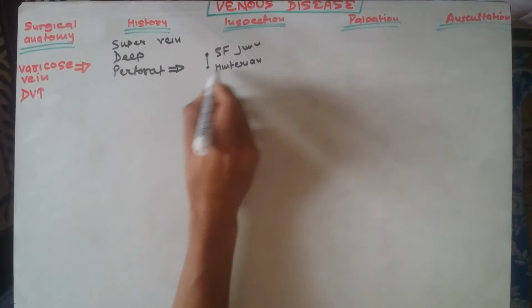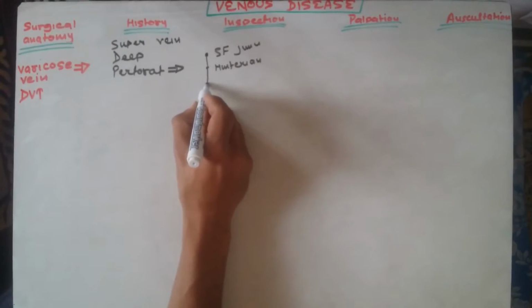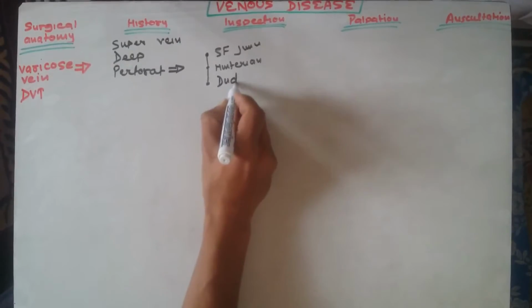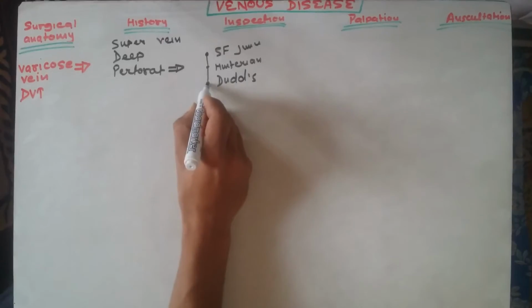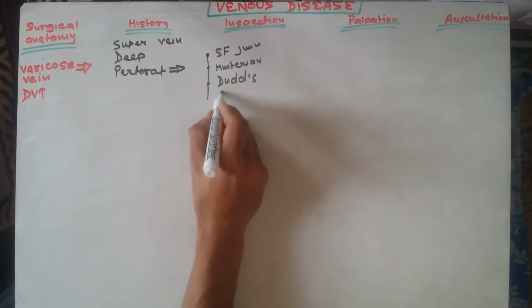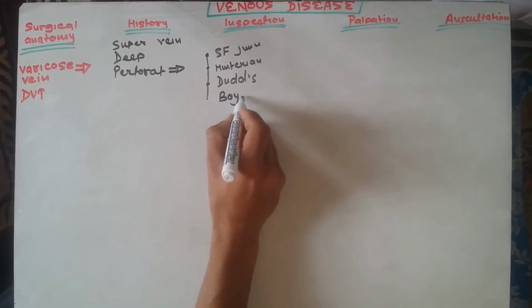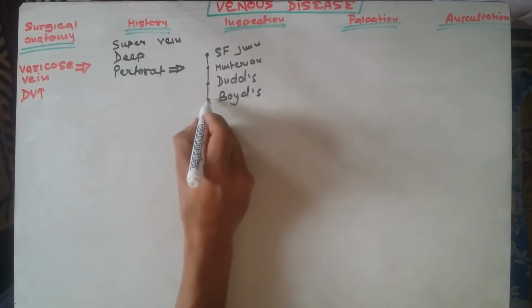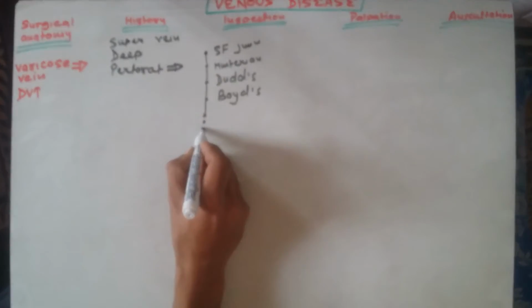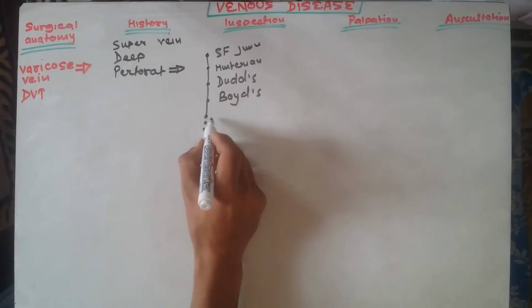Hunterian perforator. Then while coming to the distal part of the thigh, the other perforator present is called Dodd's perforator. Then around the knee, below the knee, there is Boyd's perforator, and there are 3 groups of perforator called Cockett perforator in the calf muscle or the distal 1/3 of the leg.